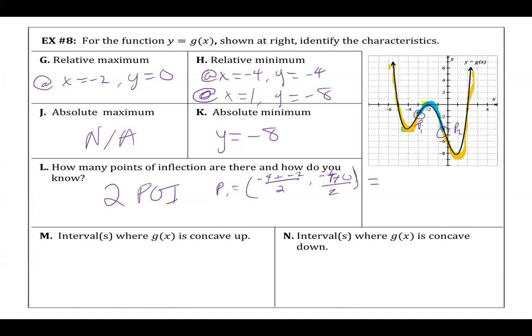So my first point of inflection is at, what's -4 plus -2? -6 divided by 2 is -3. -4 plus 0 is -4. -4 divided by 2 is -2. So my first POI is at -3, -2. So I can say I'm concave up from -infinity up until -3. Does that make sense?